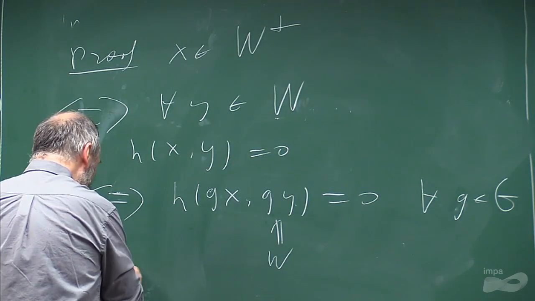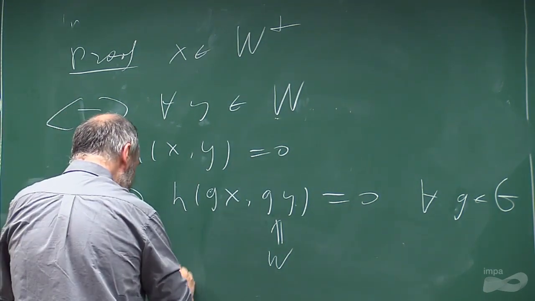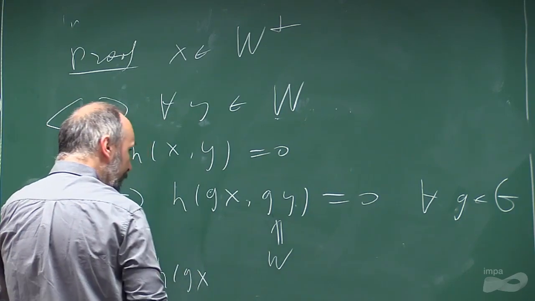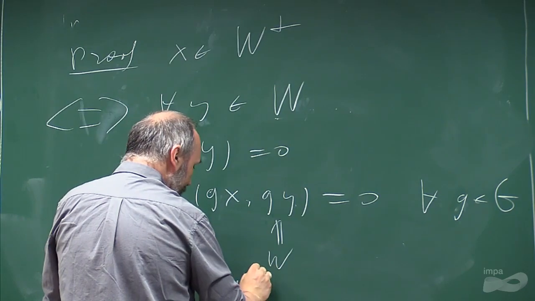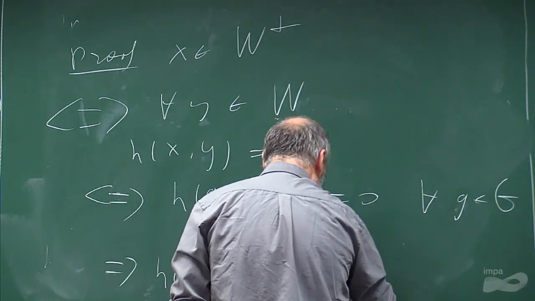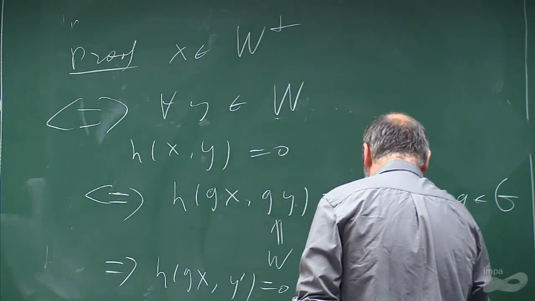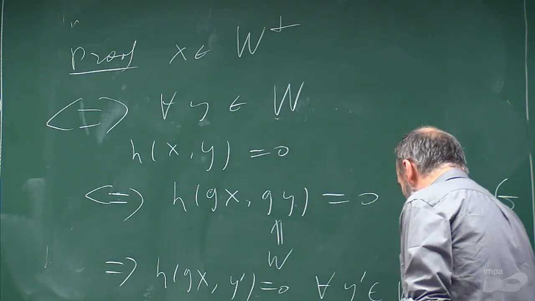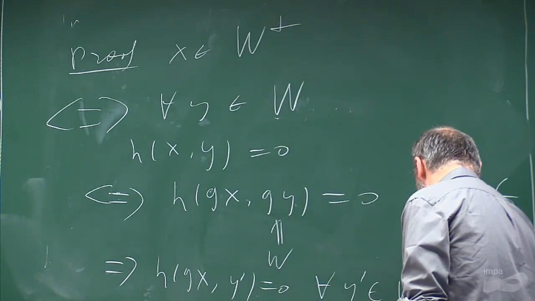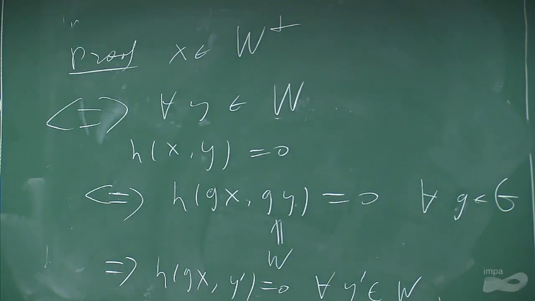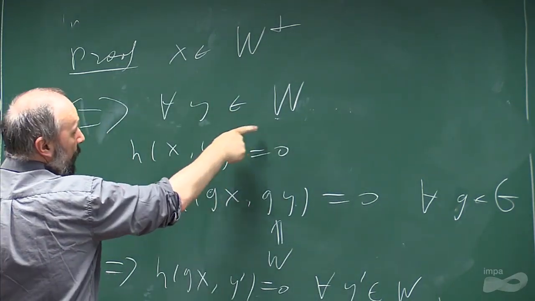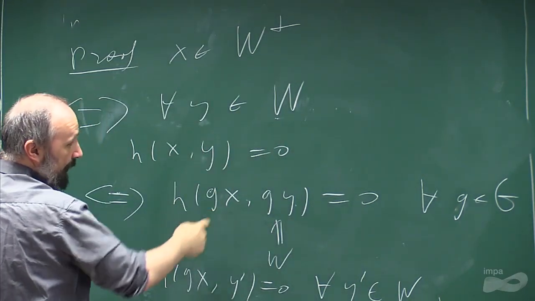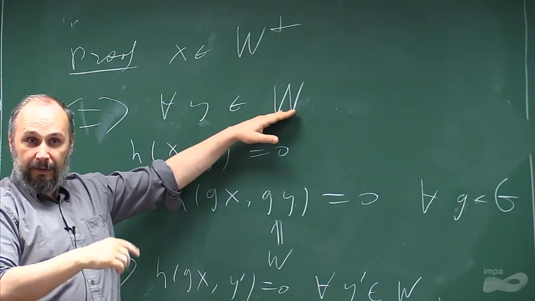So this implies that h of (g x, y') is equal to 0 for all y' inside W. We just write y equal to g minus 1 of y'. So if x is orthogonal to all elements of W, then g x is orthogonal to all elements of W and vice versa.